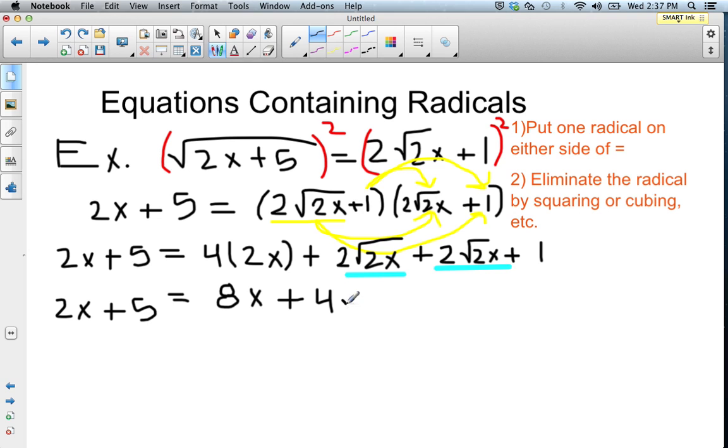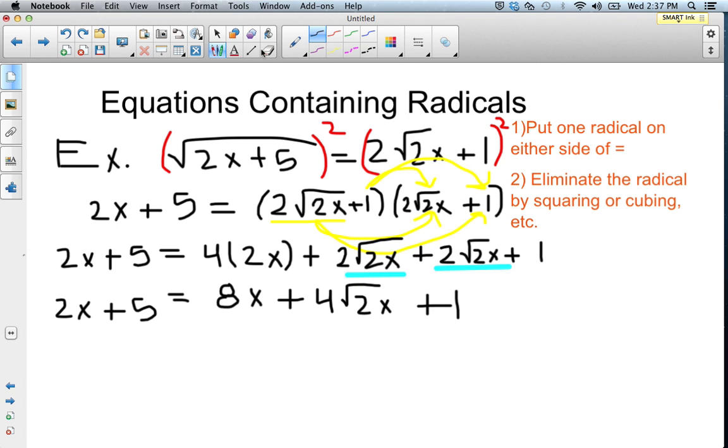Plus 4 square root 2x. And then plus our 1 out here. Now this equation is just like the ones we had before. It has one radical in it. So we got to isolate the radical and then square again. So there's like 2 steps here. We square once, simplify, isolate, and we square again.